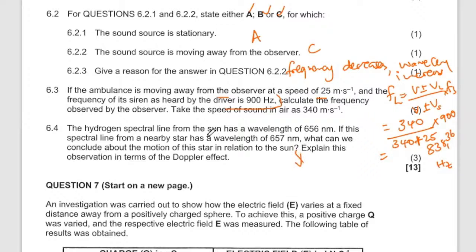Okay, then the hydrogen spectrum line from the sun has a wavelength of this. The spectrum line of the nearby star has a wavelength of 657. What can we conclude about the star in relation to the sun?